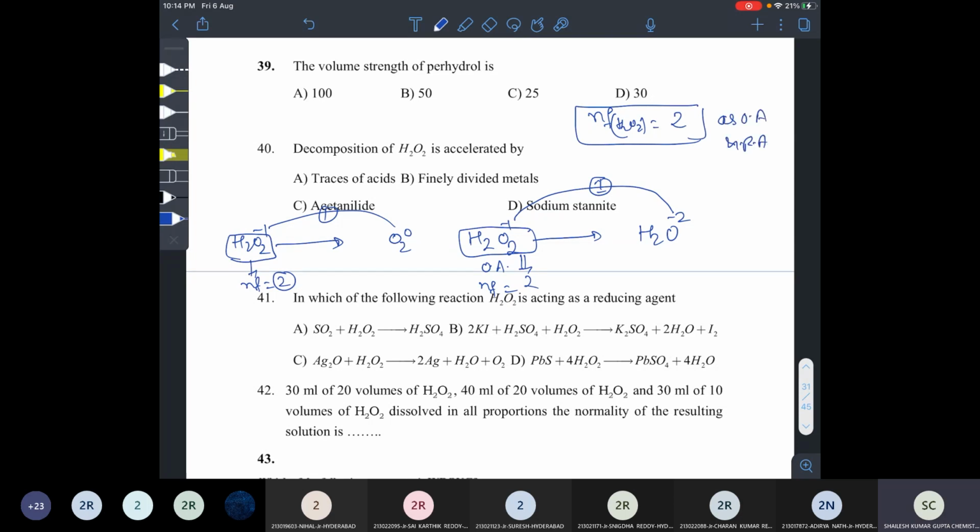And if you are smart enough, you might know that the N factor of H2O2 is 1 in case of auto oxidation reduction, disproportionation. Only when H2O2 is undergoing decomposition like H2O plus O2, then only you are supposed to take this. Otherwise, in most of the cases, it will be 2 only.